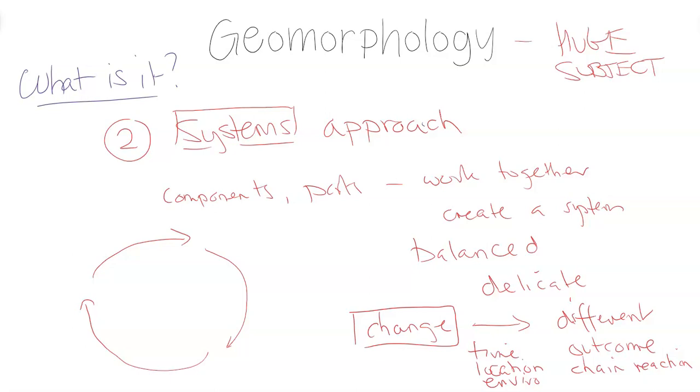Now, this has come around for a long time in the education of Earth sciences and teaching students how to look at it in this systems approach, because it is a massive planet with millions and millions of different parts working seamlessly together. And to figure out how things work, you first have to understand how each part works, and then how the part relates to other parts and the interactions and relationships between those parts.